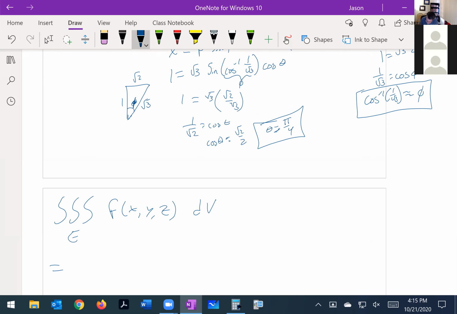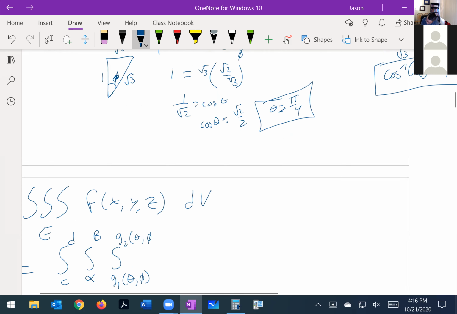This is going to be from c to d. This is going to go from alpha to beta, and this is going to go from G1 of phi, theta to G2 of theta, phi. Can I expand this now?